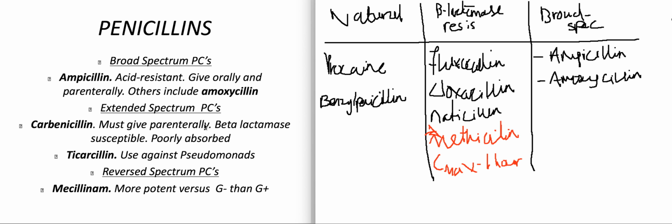And then we have extended spectrum penicillins, which usually include carbenicillin and ticarcillin. The reserved ones are more potent against gram negative than gram positive, so these target especially gram negative bacteria. The two most familiar ones should be ampicillin and amoxicillin.